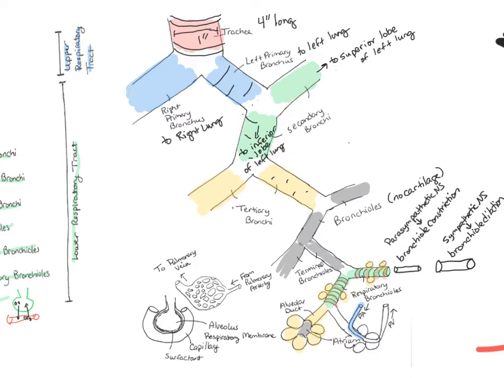The pulmonary artery is bringing deoxygenated blood from the right side of the heart, right? And then at the alveoli, it's going to pick up oxygen. And then from there, it's going to return to the heart with oxygenated blood through the pulmonary veins, right?